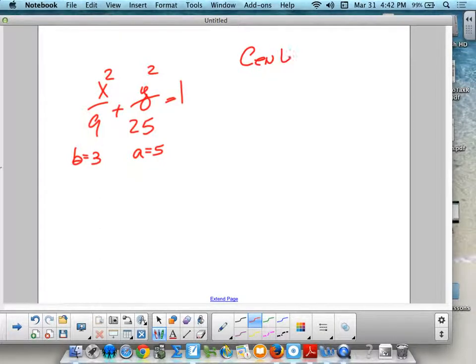The center is 0, 0. The vertices have to be, well, it says here 5 for A, so you go 5 up, 5 down, because it's a major vertical axis. 0 up 5 and down 5.